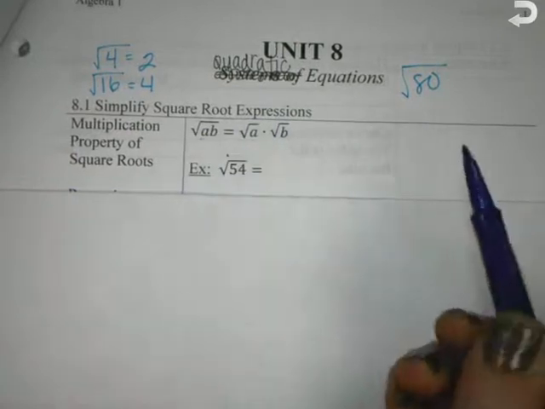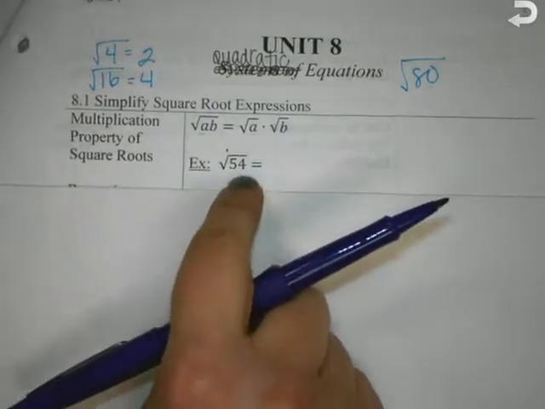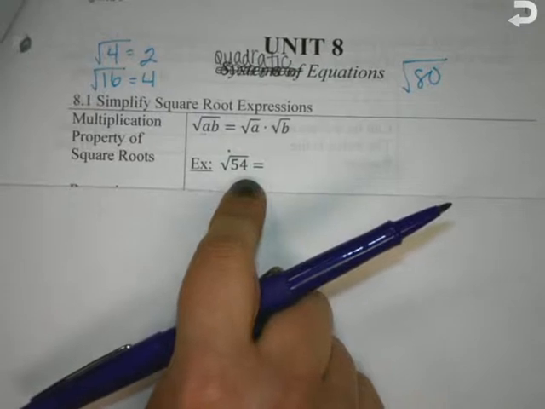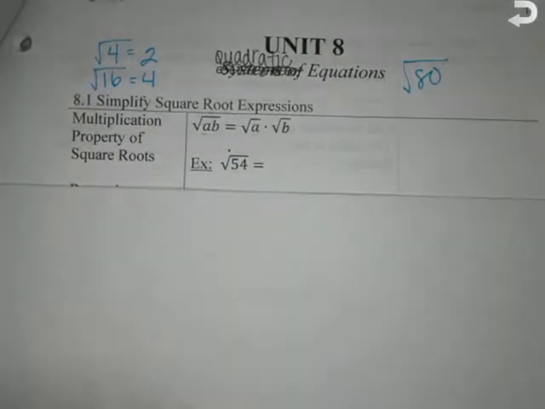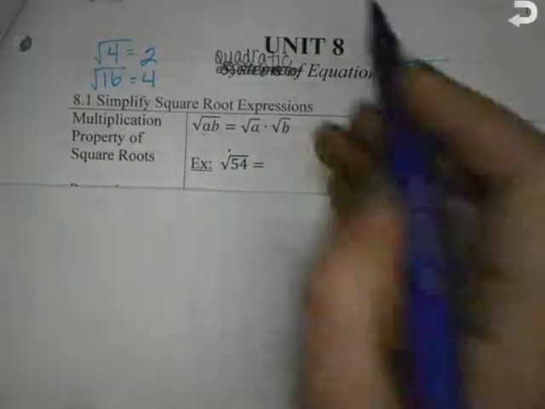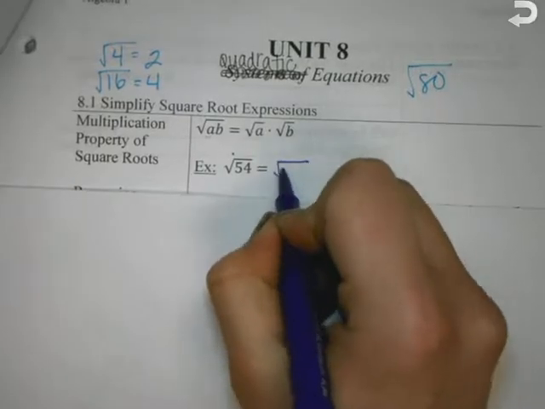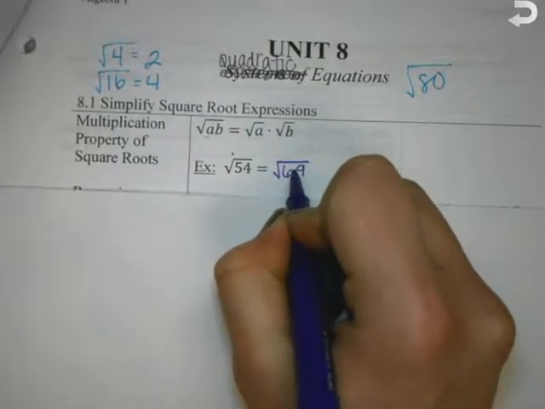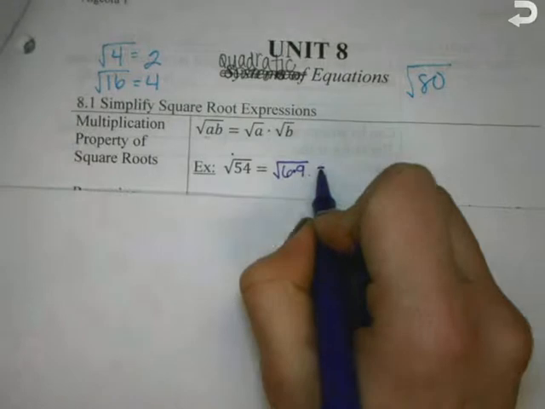So, for example, if I have the square root of 54, what two things can multiply to 54? 6 and 9. So this is the same as the square root of 6 times 9, which is the same as the square root of 6 times the square root of 9.